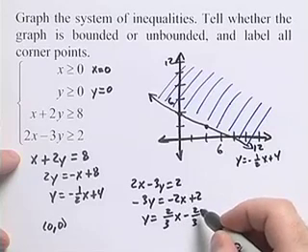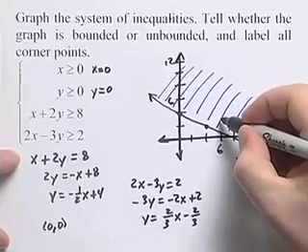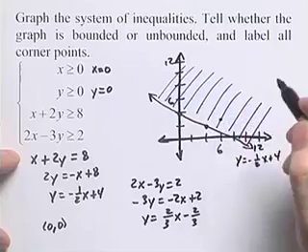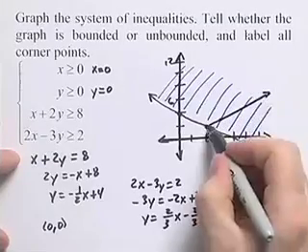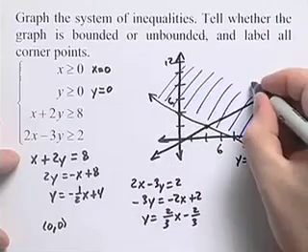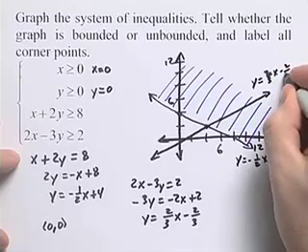We're going to get something at 10/3, which is a little bit bigger than 3. So at 6, we're going to go up slightly bigger than 3, which puts us about right there. Connect our points. And here we have the graph for y equals 2/3 x minus 2/3.